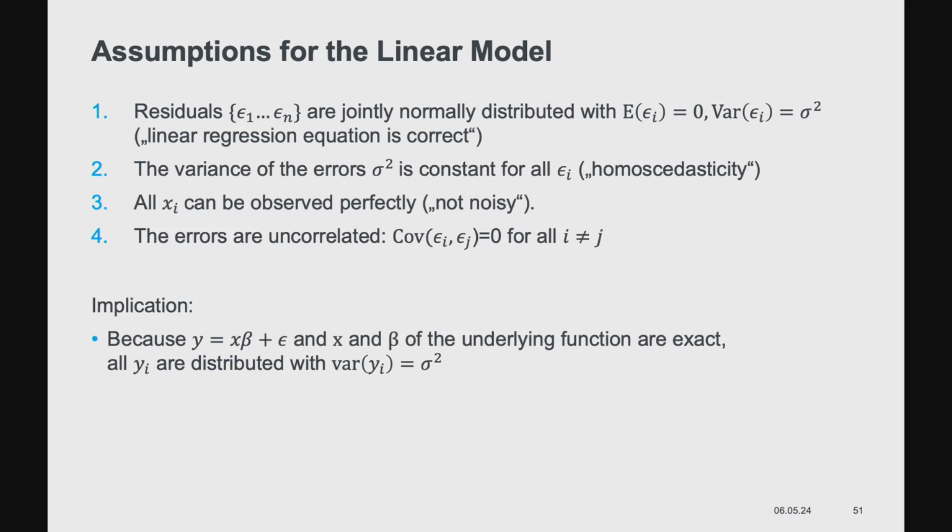And because we have this equation to hold, and the x and the betas are exact, all the yi's are distributed with the same variance as the noise. There is no distribution here, so all the distribution comes from the noise, and the y's are then distributed exactly with the same variance as our noise variables.